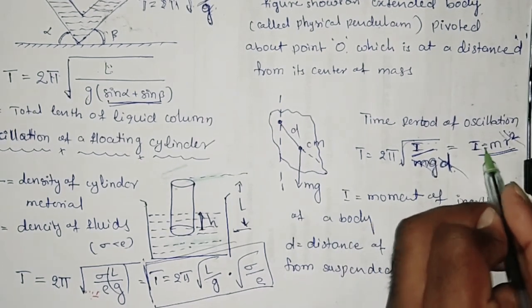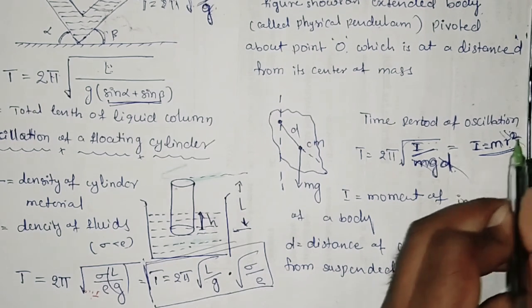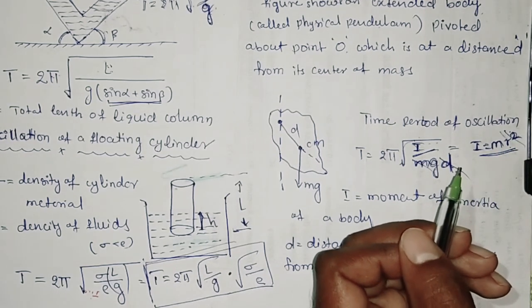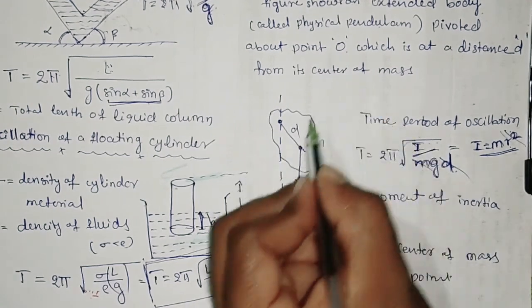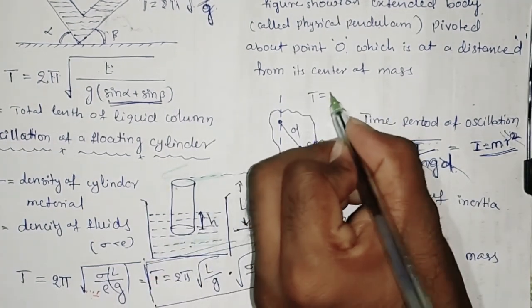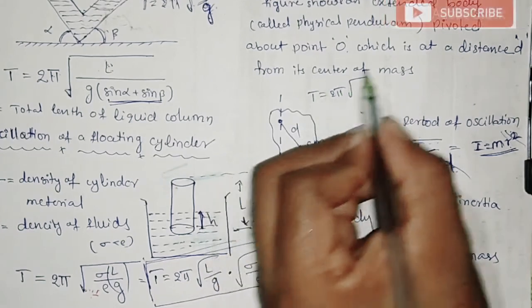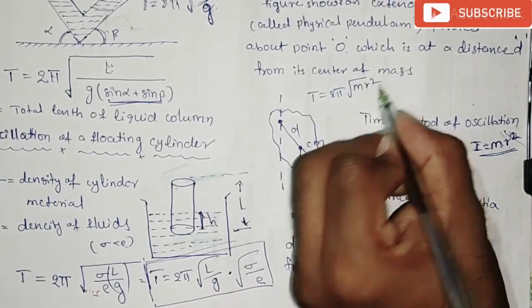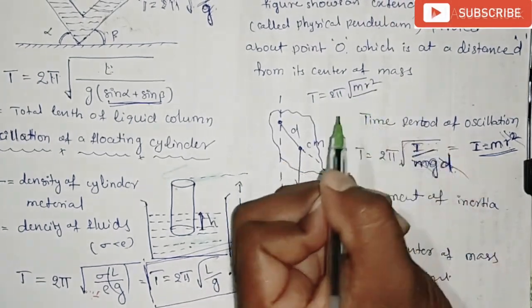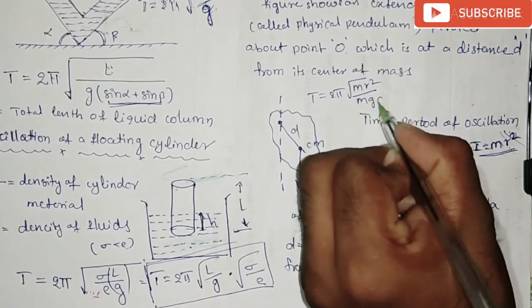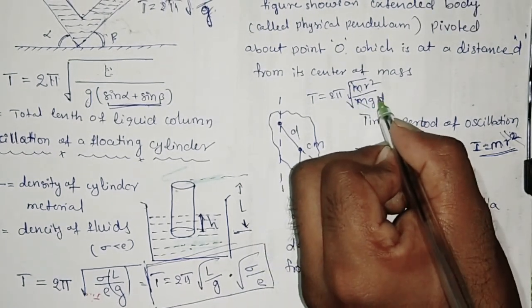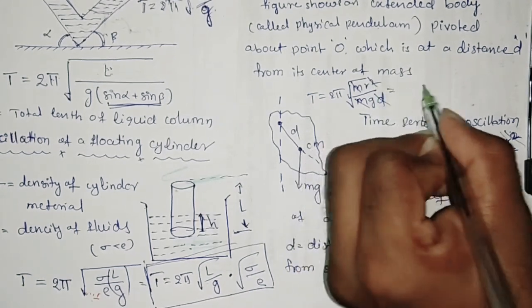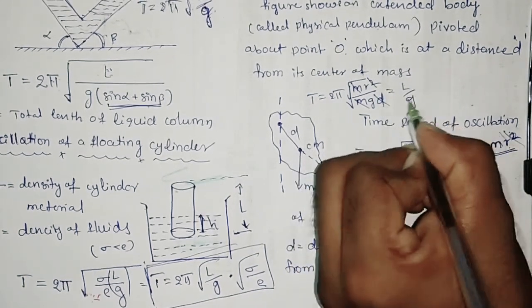I is the moment of inertia, so substituting m r square in the I position, we get T equal to 2 pi under root m r square by mgd. The m's both cancel. The r is a length, and this is also a length, like L by g.